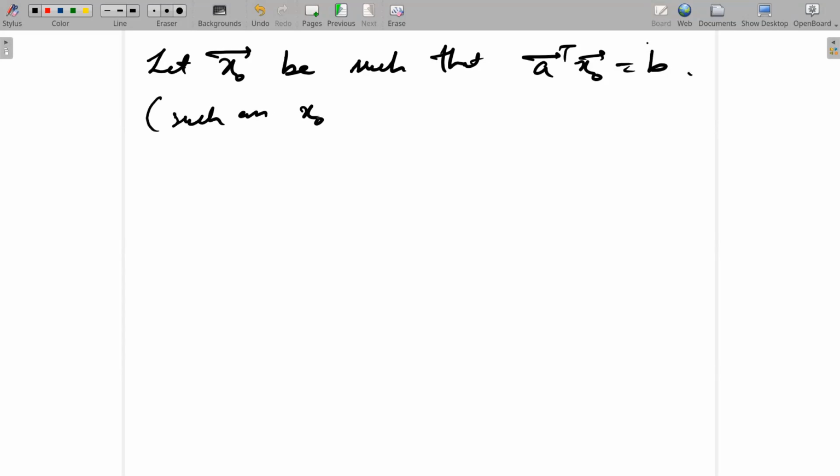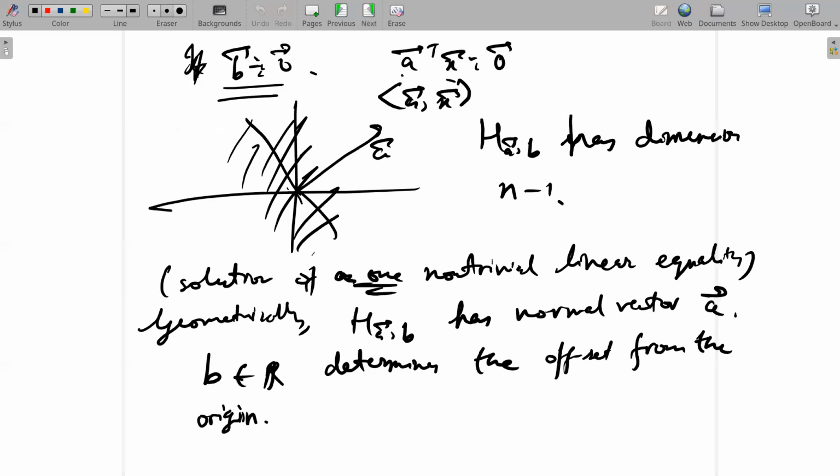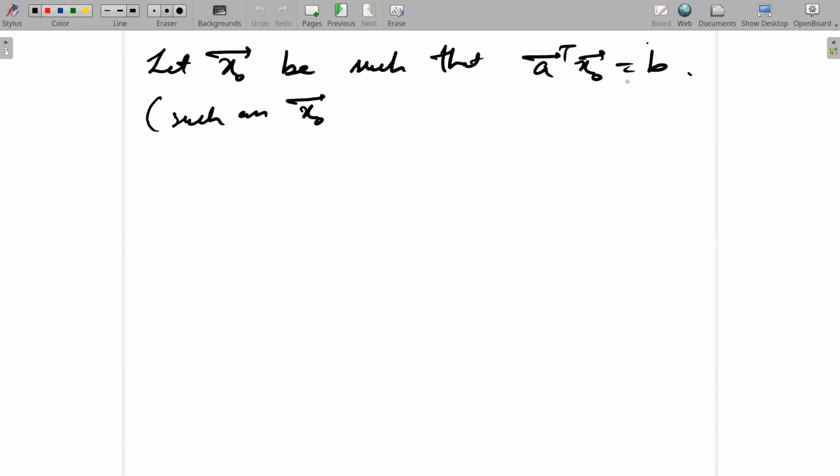That is, of course, the first thing to note. By the way, this B is not a vector, it's a scalar, which I should write as equal to zero if B is zero.